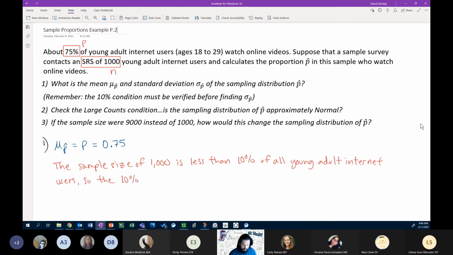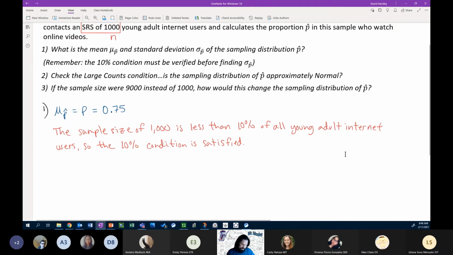So the 10% condition is satisfied. And now we can continue. It seems silly that we have to state this, but we do. You want to be specific about what you're stating.